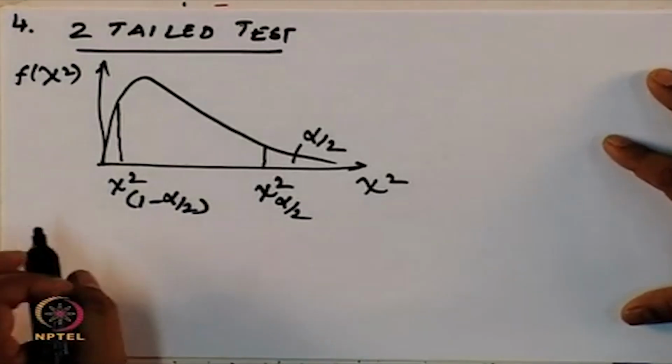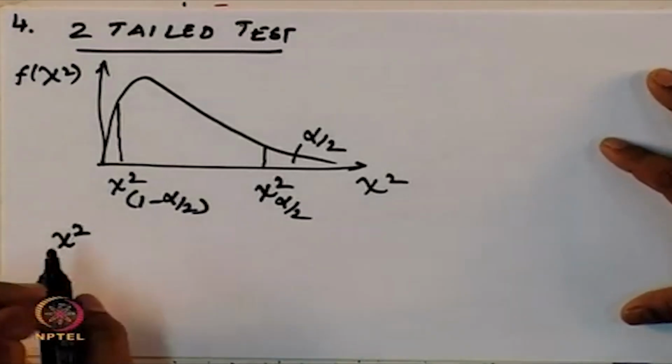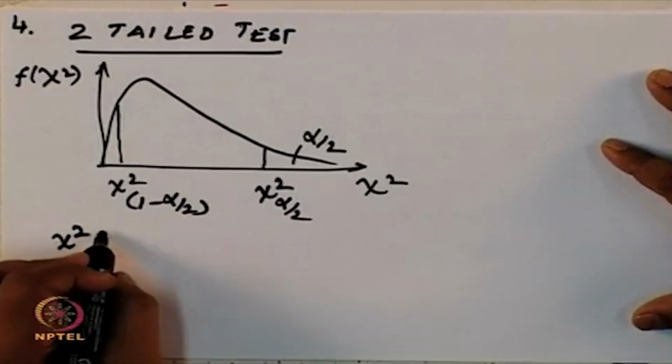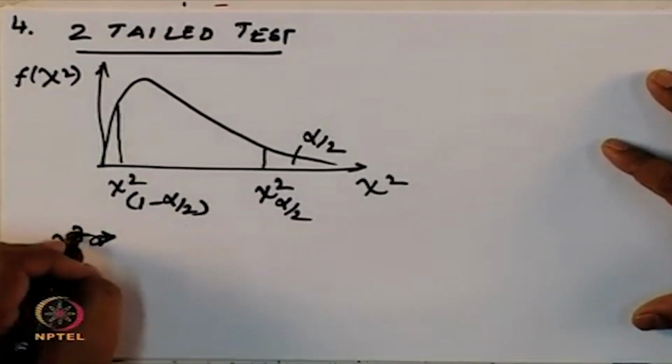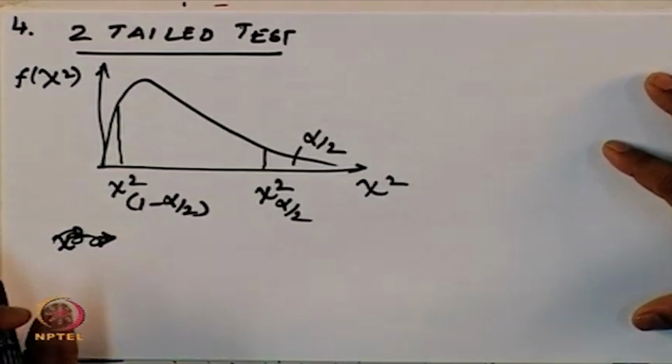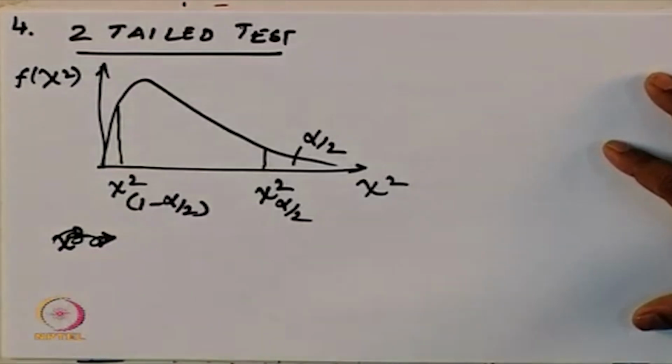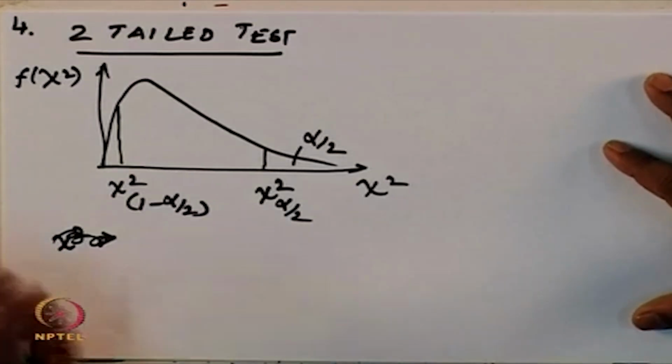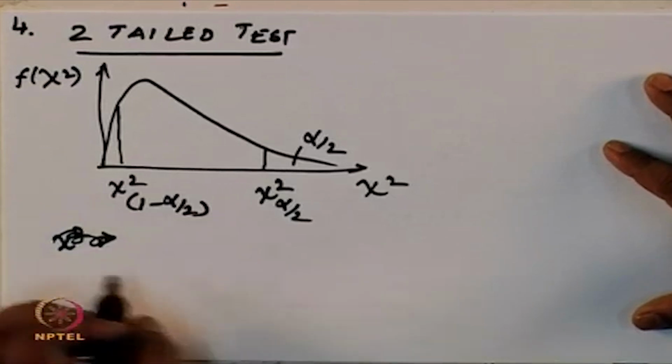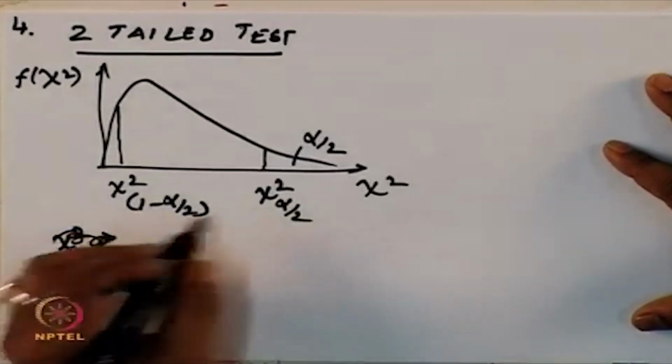If your chi-square value is either greater than chi-square of alpha by 2 or less than chi-square of 1 minus alpha by 2, you accept your alternate hypothesis. Then there is the confidence interval for a two tail test.